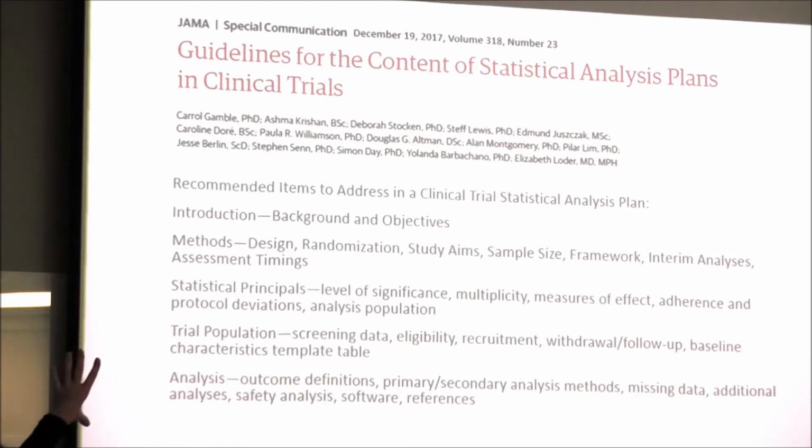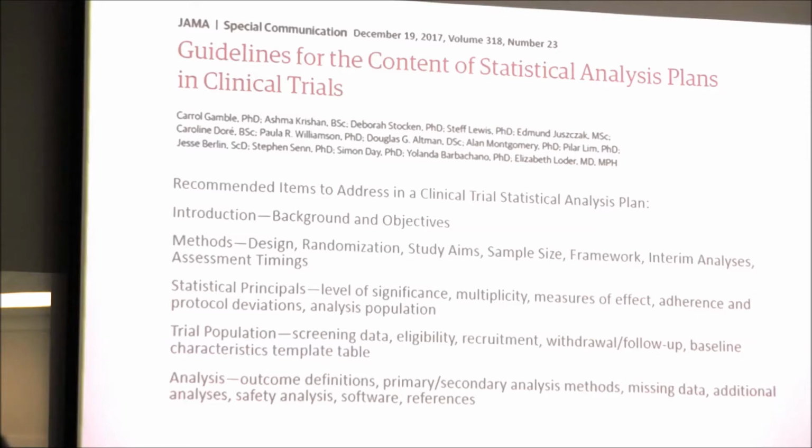Broadly, the SAP should include your background and your objectives of your study, study design, randomization scheme, study aims, sample size, your framework that you're working within, any interim analyses that are planned, your timings of your assessments or data collection periods. You're going to specify your level of significance, multiplicity, and I'm going to talk more about what multiplicity is later in the talk.